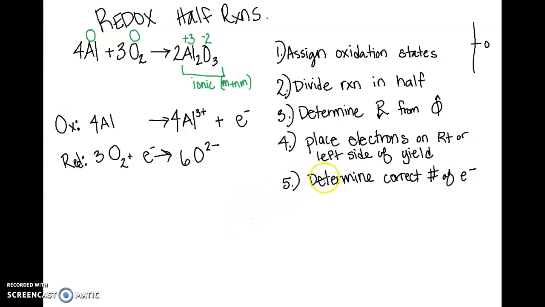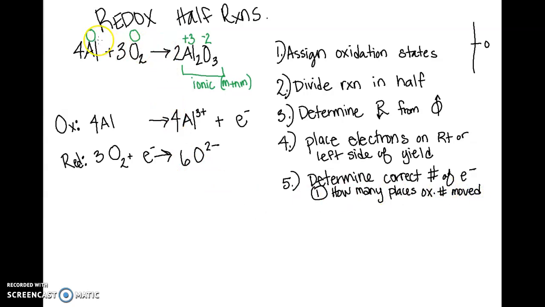And there are 2 things we have to consider. First, we want to consider how many places the oxidation state moved, how many places the oxidation number moved or changed.